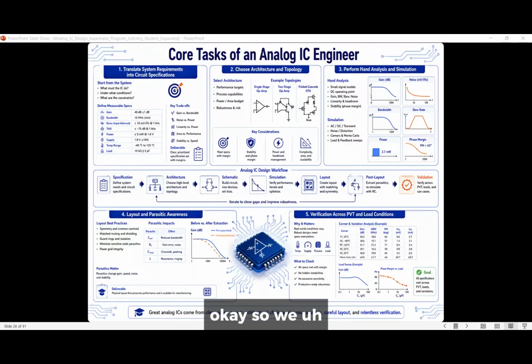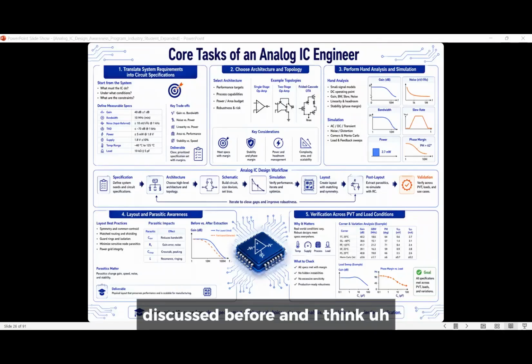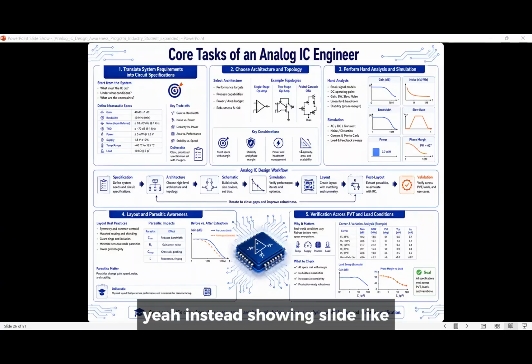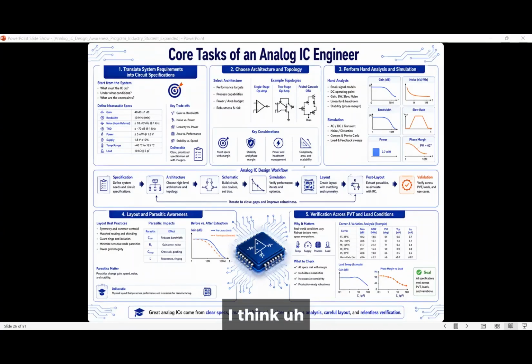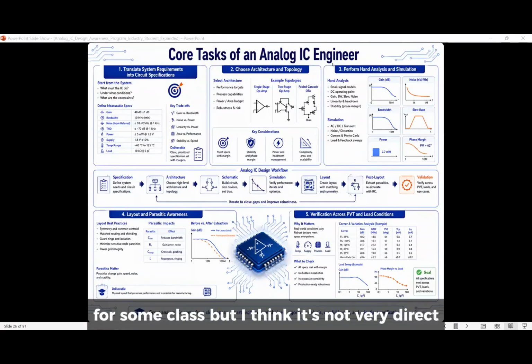Okay, so we still learn the analysis as we have discussed before, and during the class I will do hand analysis for all of you, instead of showing slides like this. I think in many classes the lecturer likes to show slides, but I think it's not very direct.